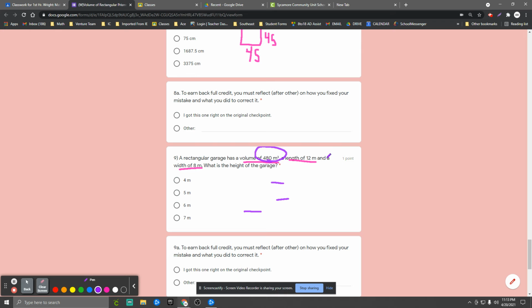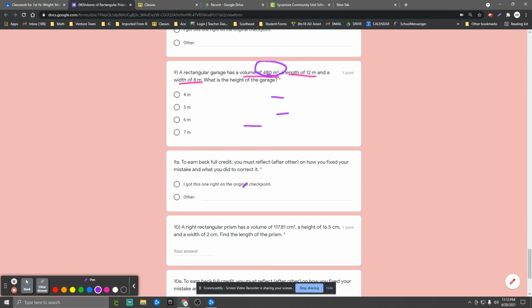Another strategy you might want to do, I had some students yesterday realize that they could do the inverse. So they could divide. And so instead of multiplying 12 times 8 times something to get 480, they start off with 480 and then they did some division to kind of work backwards. So that's another thought for you.